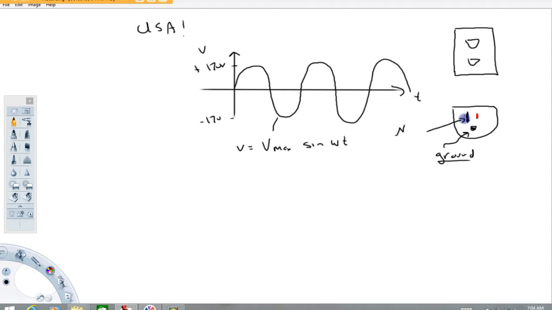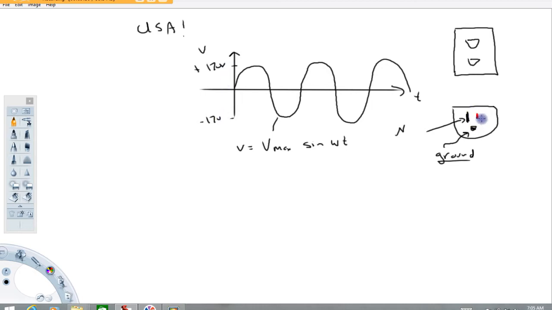Let me talk about the plus 170, minus 170. These negative numbers on voltages tend to confuse people. They make them think that there's something that there's not. It's just about direction. Half the time the voltage is pushing current at you in this picture, and half the time the voltage is pulling current away from you. Which one is plus and minus is completely irrelevant.